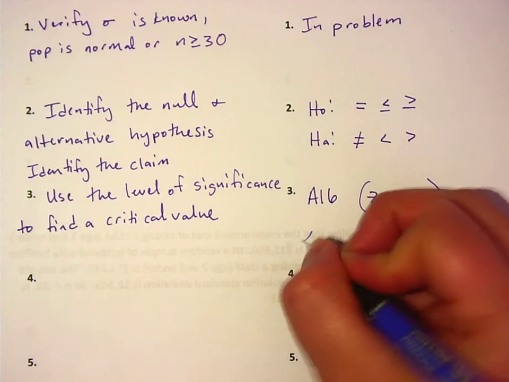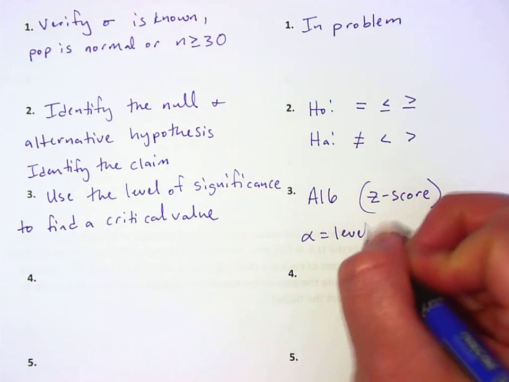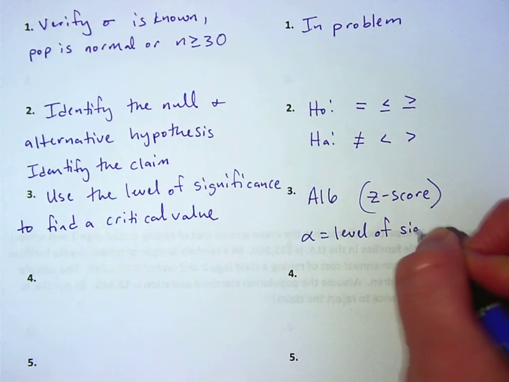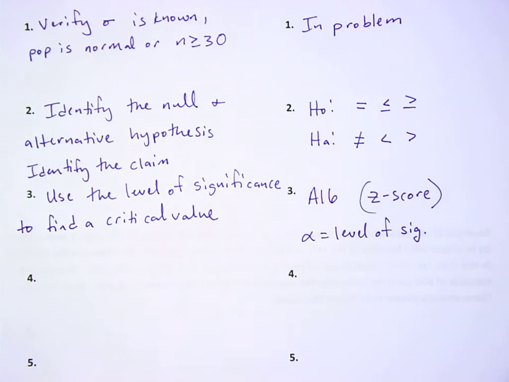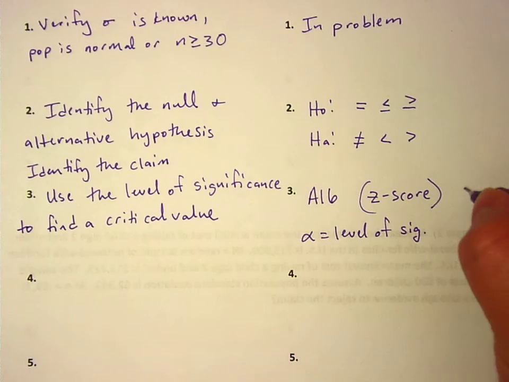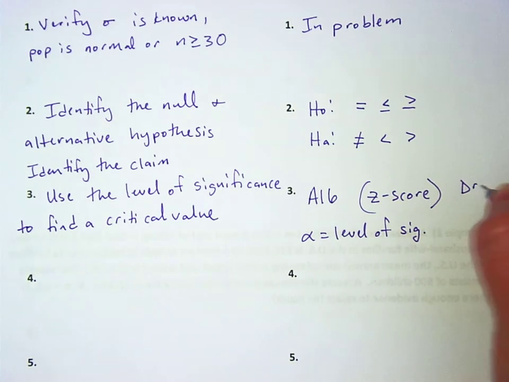And alpha is the level of significance. I'm also going to write over here in the remember part, draw a picture. This really helps.